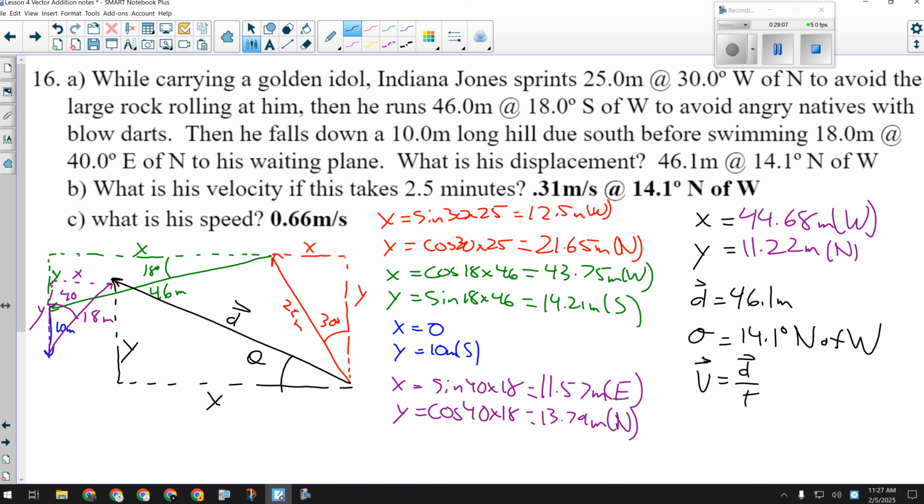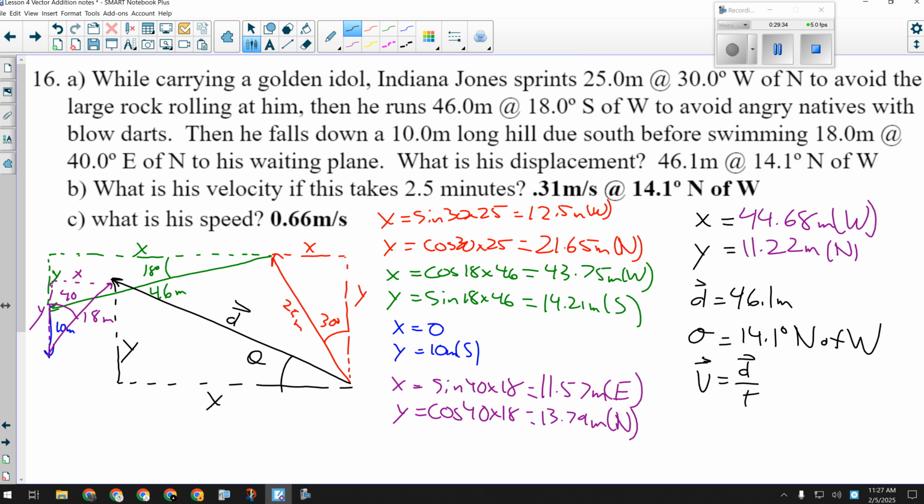In this question, at least for part A, everything I was given had 3 significant digits. But in part B, the 2.5 minutes only has 2 significant digits. So when I'm calculating part B, all I'm doing is going D over T. But I should change the minutes to seconds.